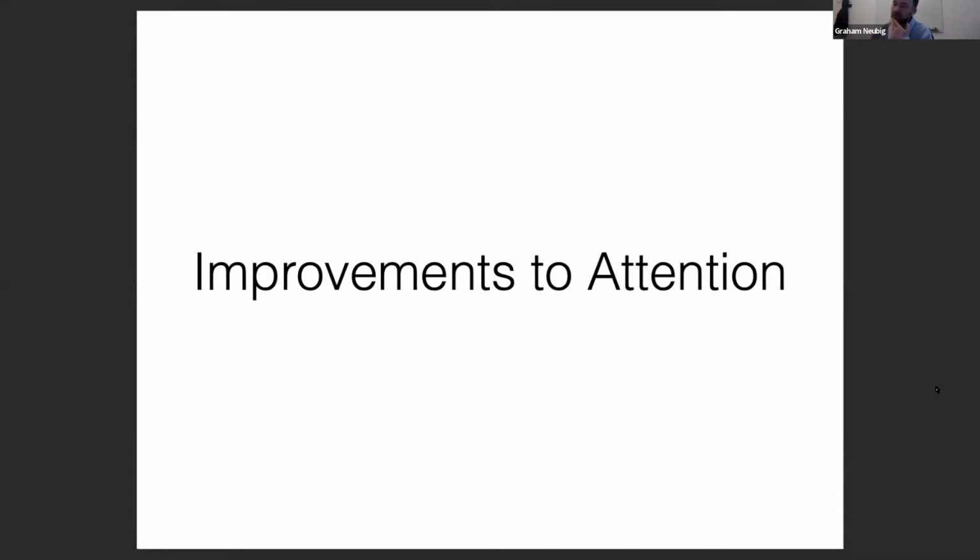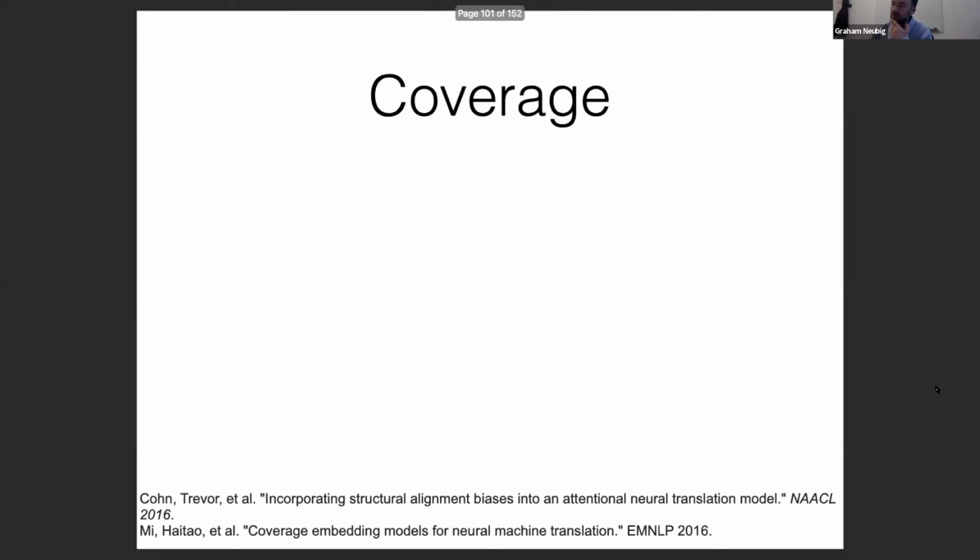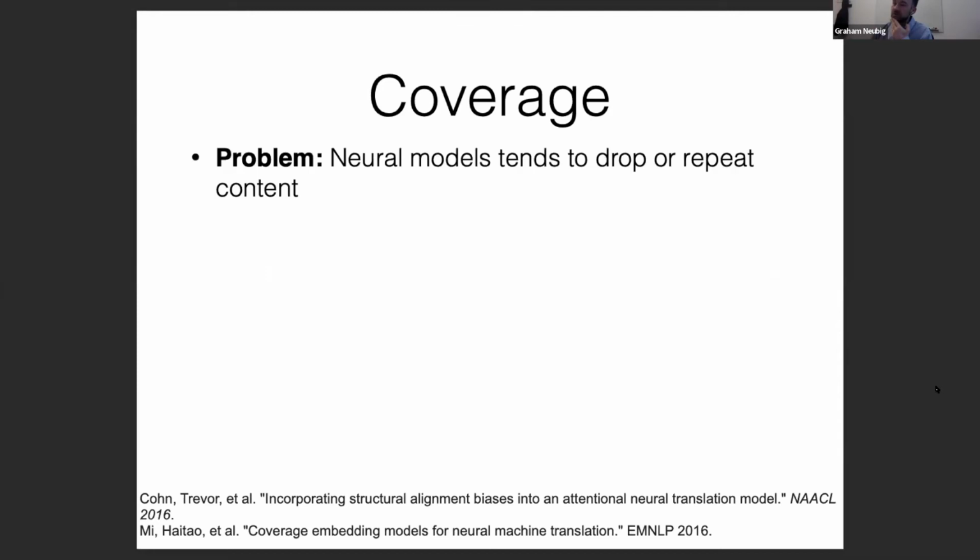So then we have improvements to attention. One issue with attention is basically that neural models often tend to drop or repeat content when they're doing generation.